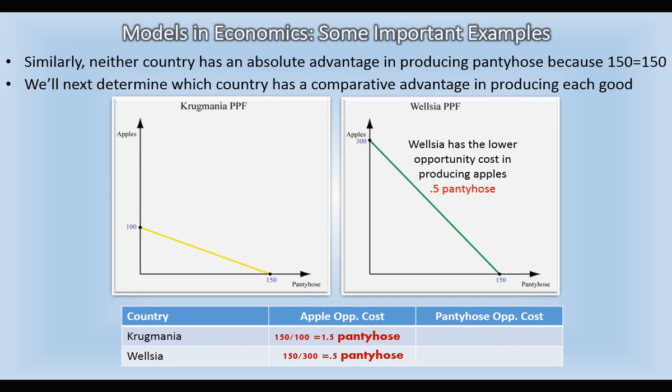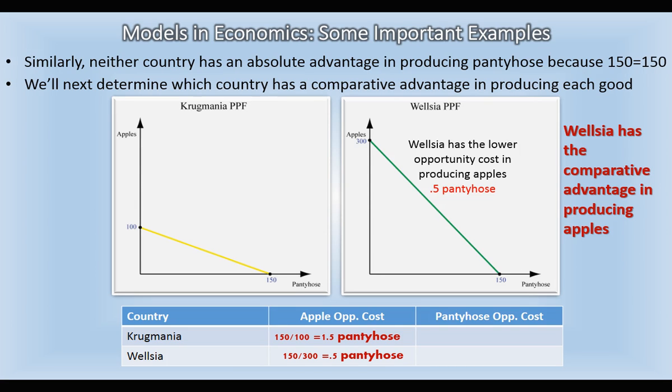So what this means is that Wellsia has the lower opportunity cost in producing apples. It costs it 1/2 a pantyhose versus 1.5 pantyhose for Krugmania. Having compared the opportunity cost and identifying that Wellsia has the lower opportunity cost in creating apples, we can now say that Wellsia has a comparative advantage in producing apples.